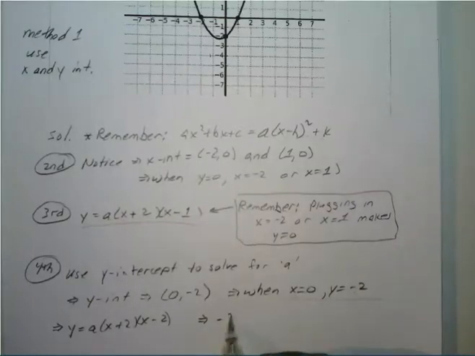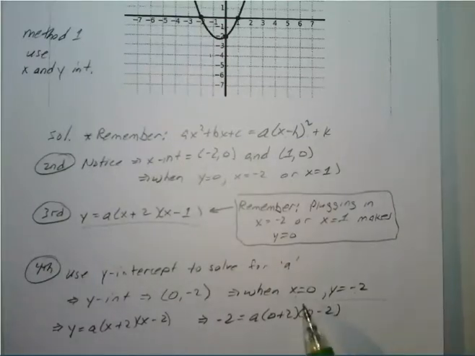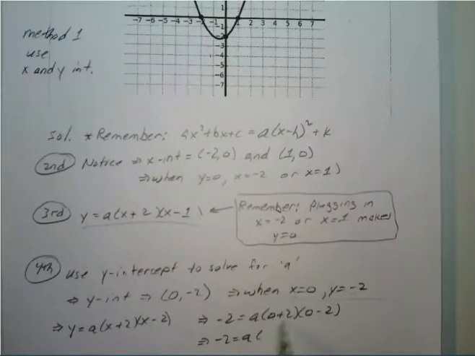So we have -2 equals a times 0 plus 2, times 0 minus 1. All we did was make x equal 0 and y equal -2.